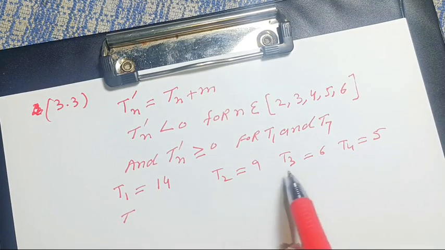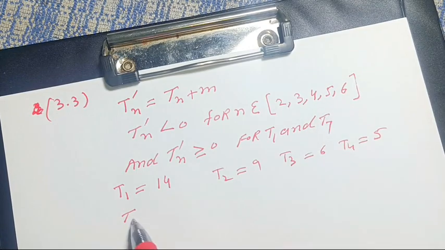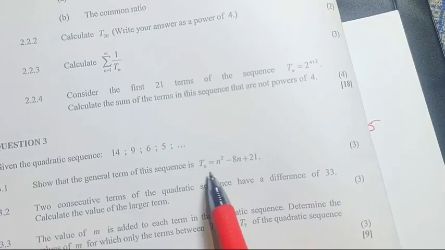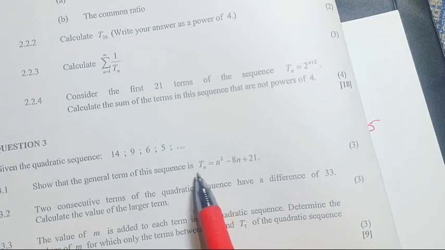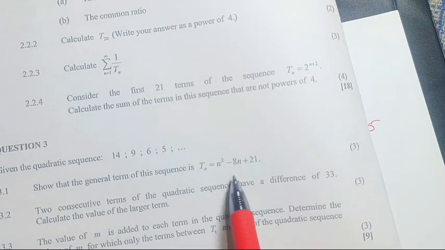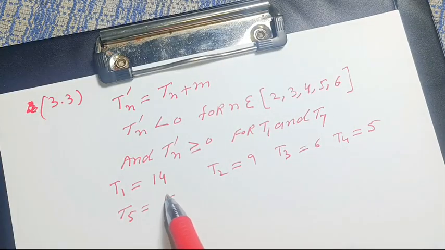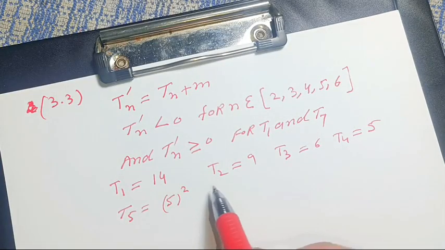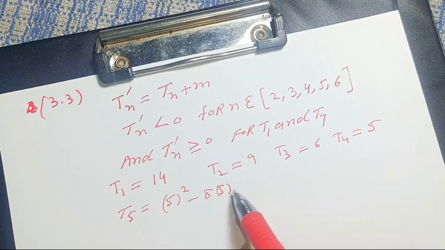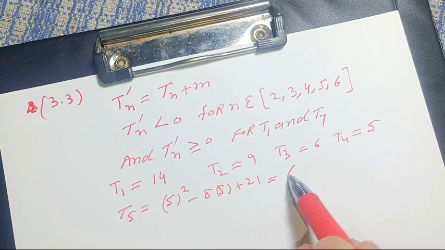I've got T1, T2, T3, T4. I need to go till T7. So I substitute into this general term to find T5, T6 and T7. T5 is 5 squared minus 8 multiplied by 5 plus 21, which is equal to 6.